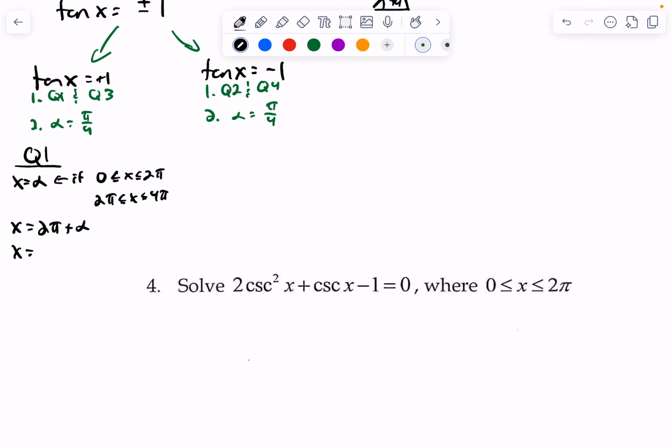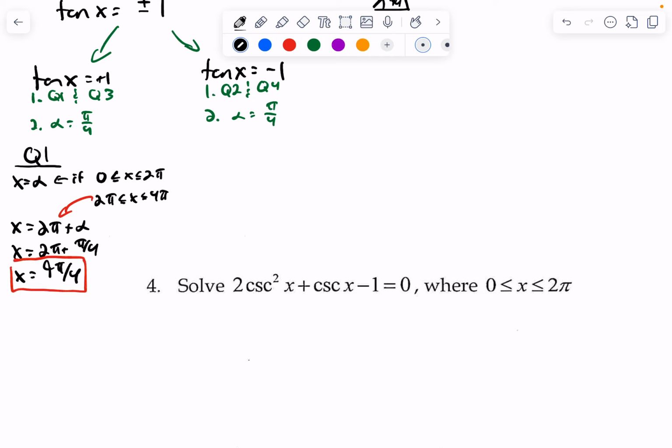Okay, so then your x is 2 pi plus pi over 4. All right. So actually, let me just make a nice little arrow there. Okay. So then your first solution is what? That'd be 9 pi over 4. Perfect.